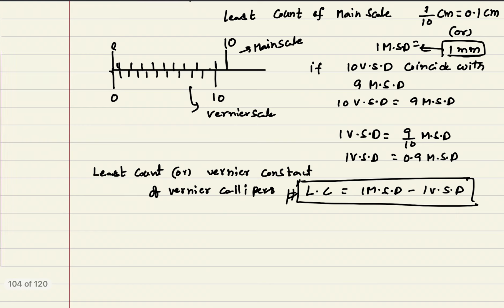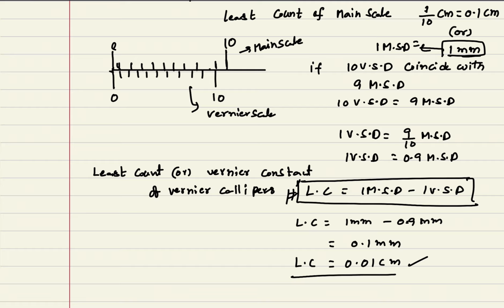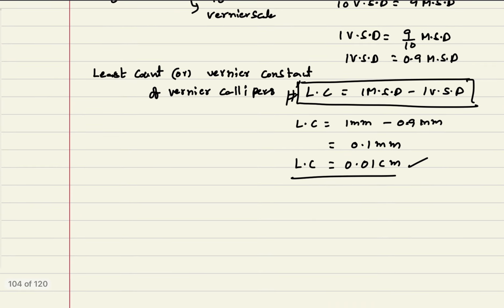Now you can see in this case least count is equal to 1 MSD, which is 1 millimeter, minus 1 VSD, which is 0.9 into MSD value, in millimeters. So finally you will get 0.1 millimeter, that is also 0.01 centimeters. This is the least count of any vernier calipers.